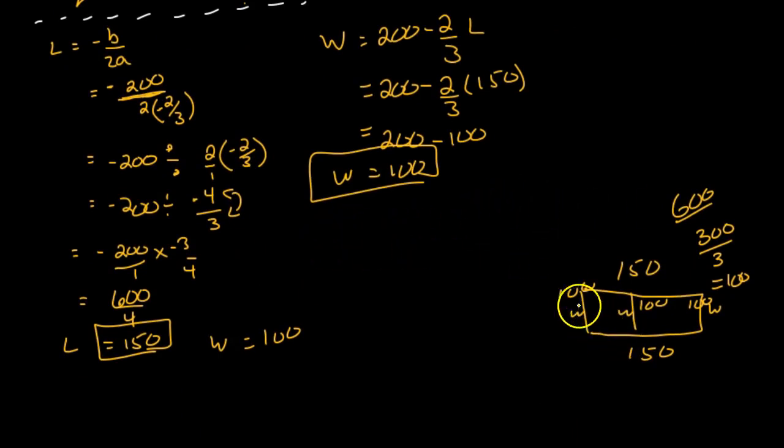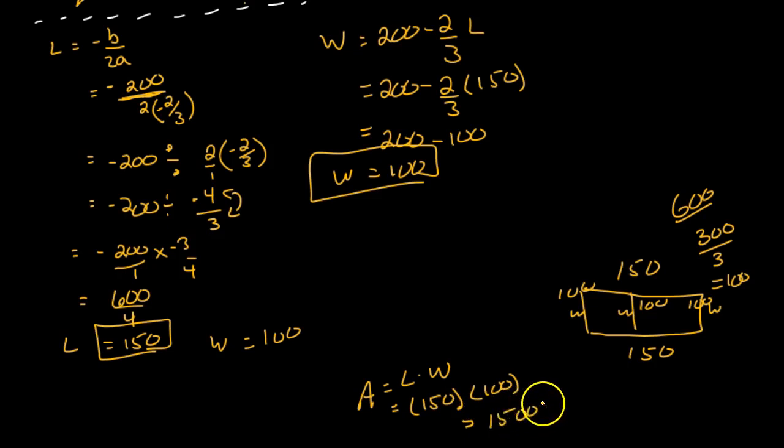Or you could do area is length times width. Length is 150, width is 100. 15,000 meters squared.